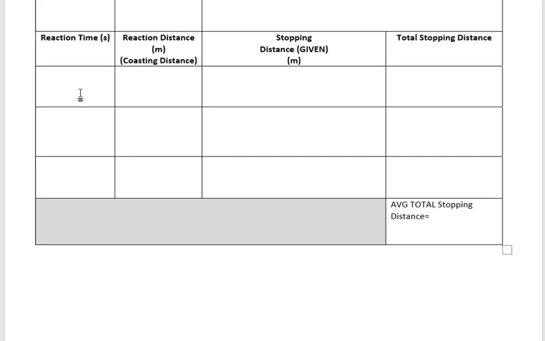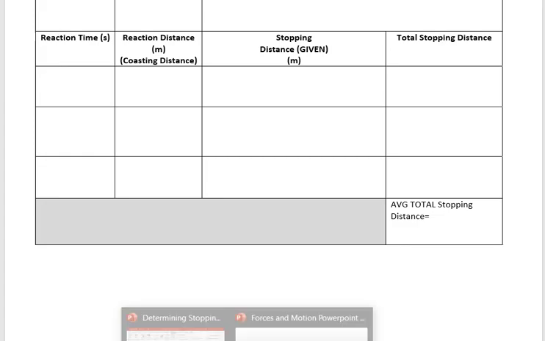Again, use your own reaction time times the 22.2 meters per second, and you will get that reaction distance. And again, for stopping distance, just put the 15 meters here for each of those. Then the total stopping distance, and then get your average, okay, just like you did for the undistracted.